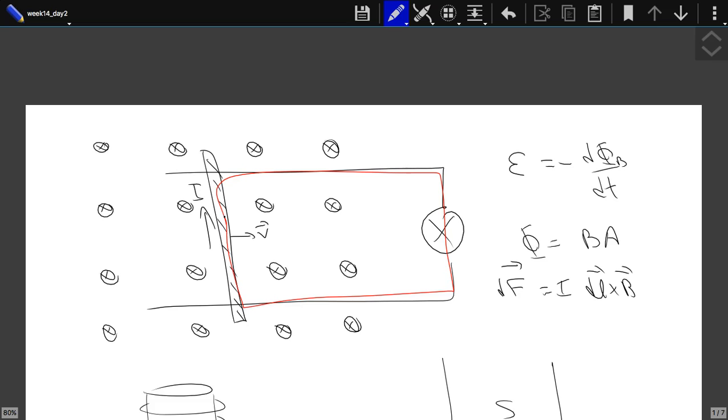So this magnetic field should try to increase the total flux passing through that red rectangle. Well, if the current is running in the clockwise sense, it creates a magnetic field into the screen, increasing the flux. So just the application of Lenz's law, Lenz's rule.